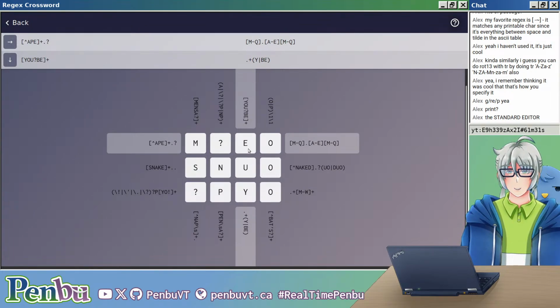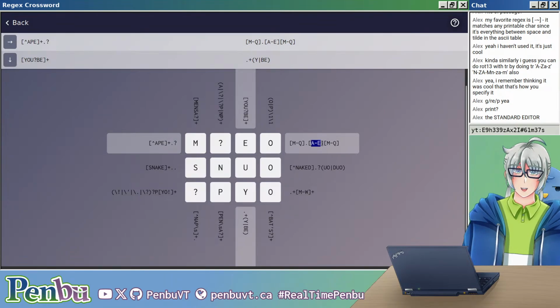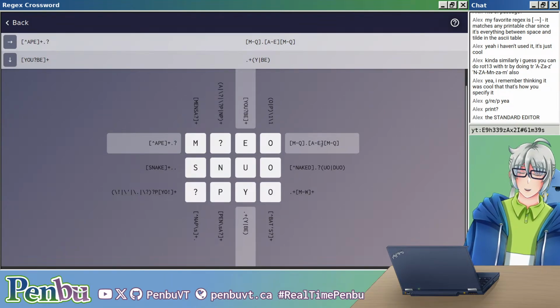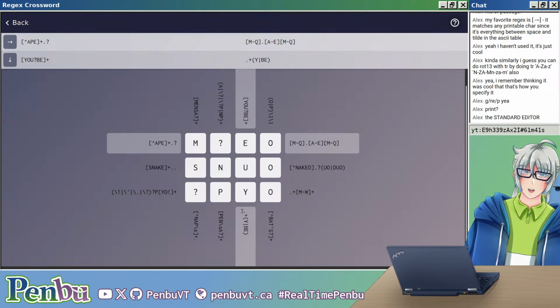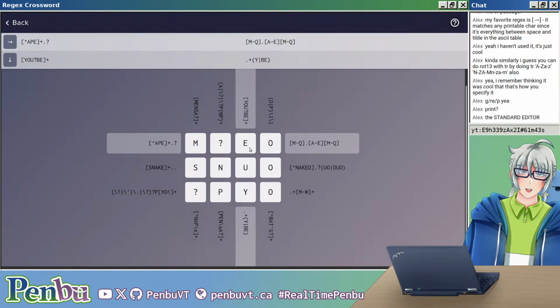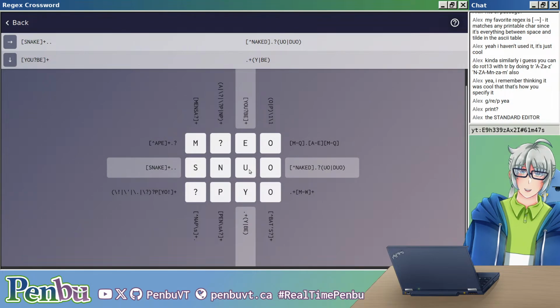Okay. So this is a Y? Well, that can't be right, though, because this is an A to E. Oh, no, but there's a dot here, so this actually can be anything. This is what can't be anything, though. Oh, no, it can still be anything, because this is a dot plus.